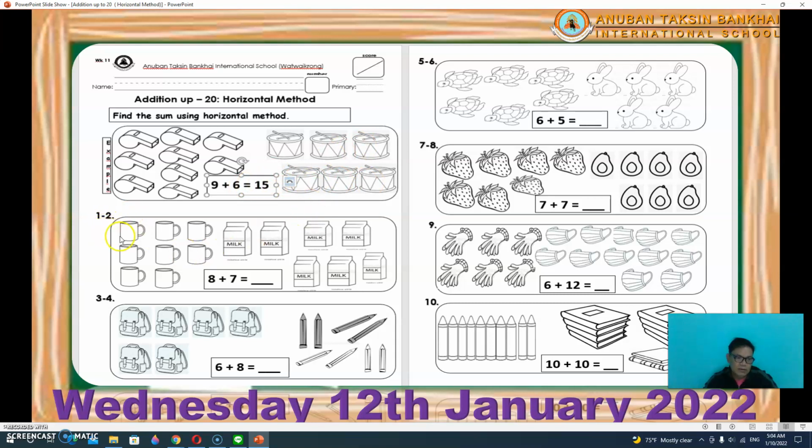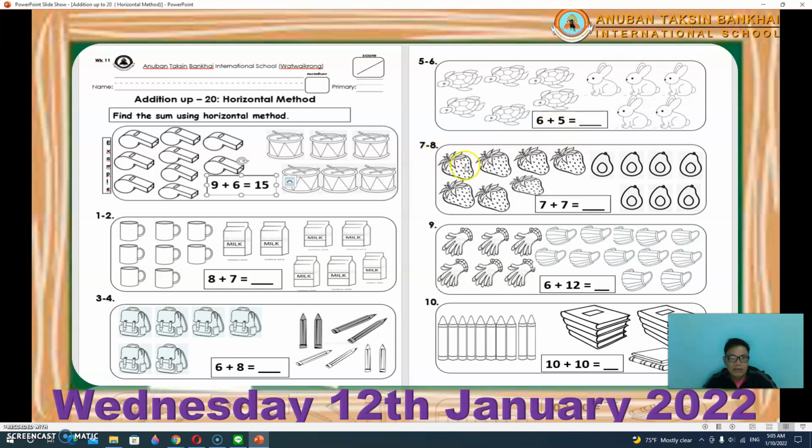So you're going to answer this. Number 1 and 2, you're going to add using the horizontal method. 8 plus 7, so you're going to count. 8 plus 7 equals, what's your answer? 6 plus 8 equals. You're going to write your answer in the block. Number 5 and 6, 6 plus 5.